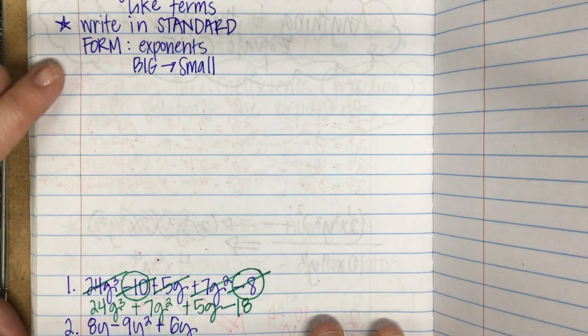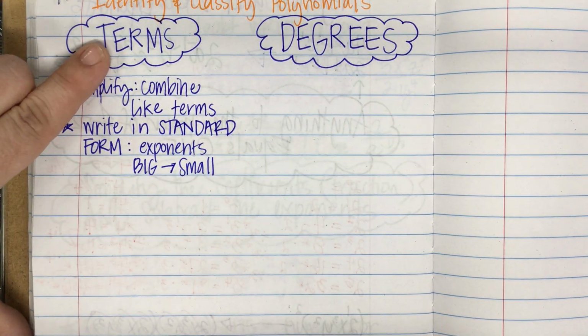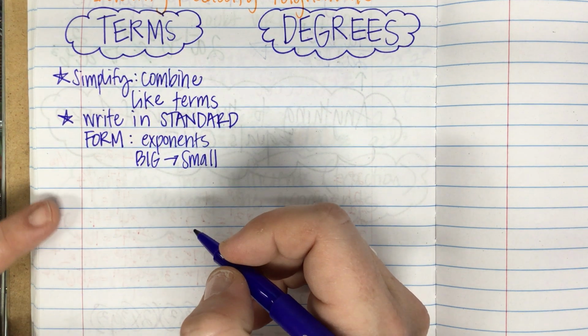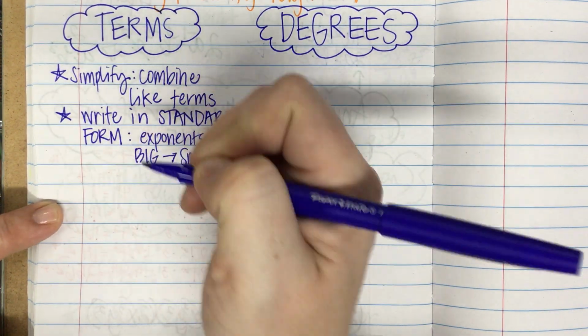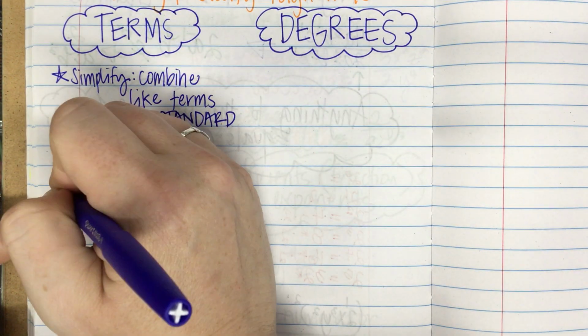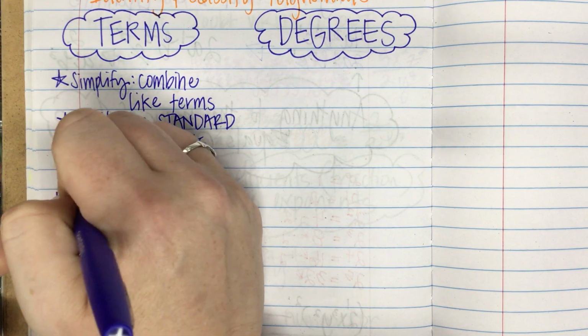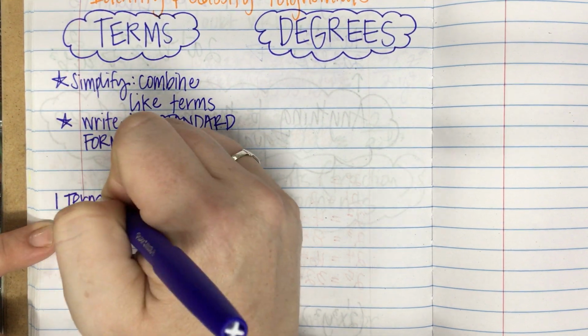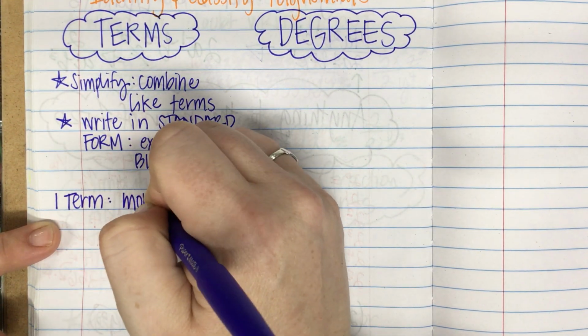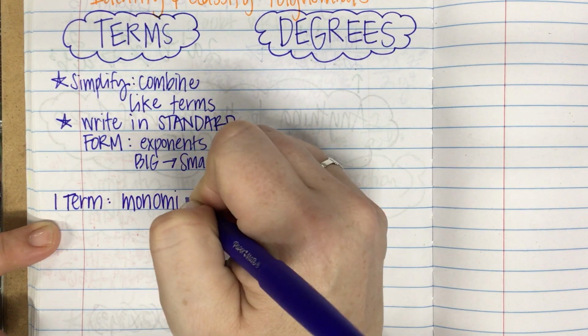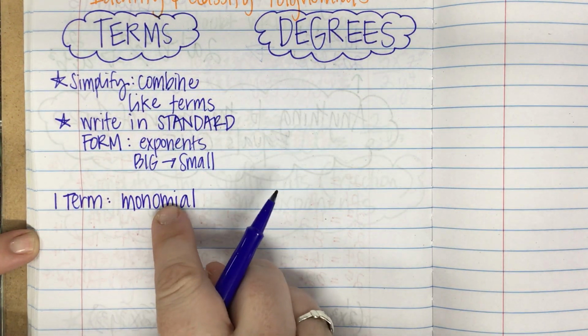Then we talk about the number of terms. Terms are things that are separated by plus or minus signs. If there's one term, it's a monomial, because mono means one.